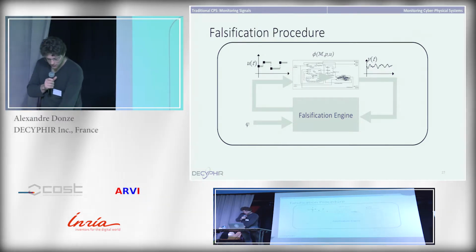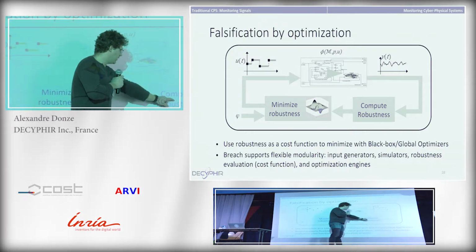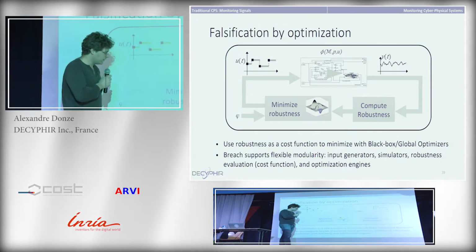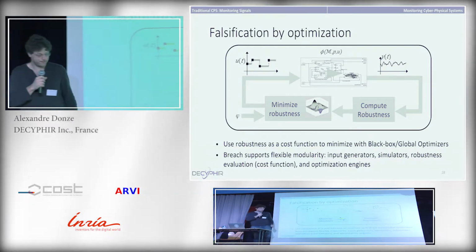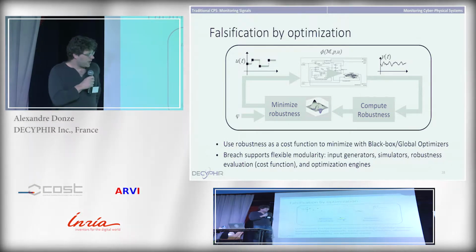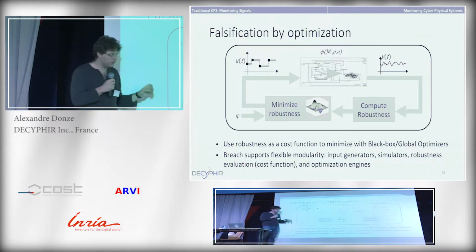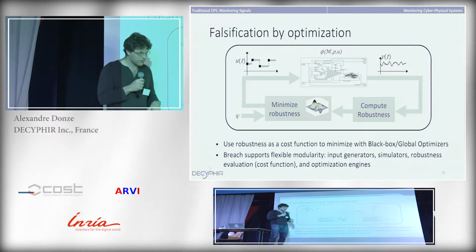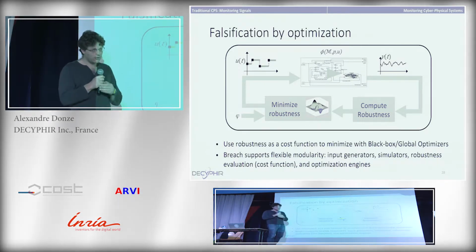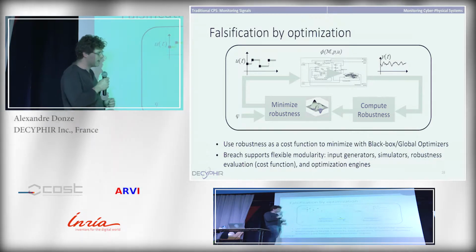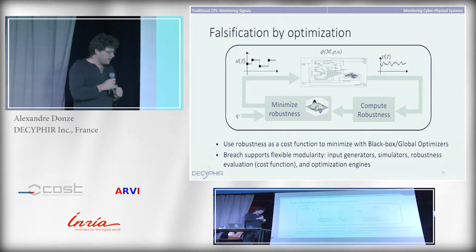That's the generic procedure. It uses this robustness, which is the quantitative semantics, and gives that to some optimization engine, which will actively try to minimize this robustness. It will try to go toward regions where this quantitative semantics is low, and if it goes below 0, then you found something that violates the specification.